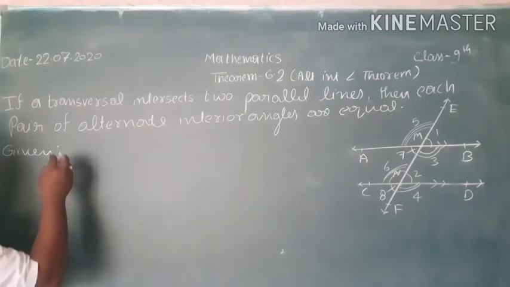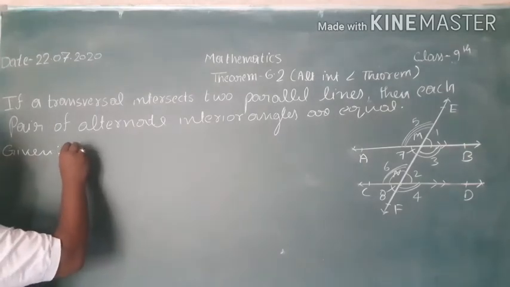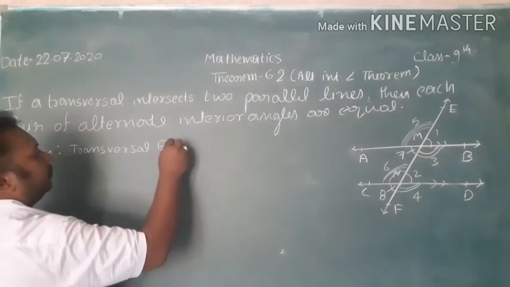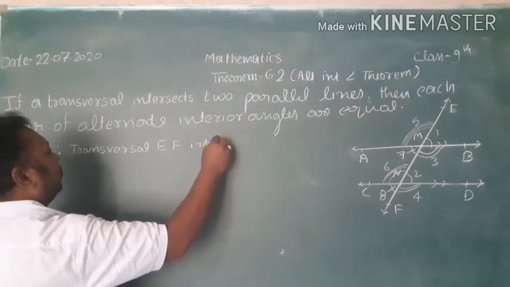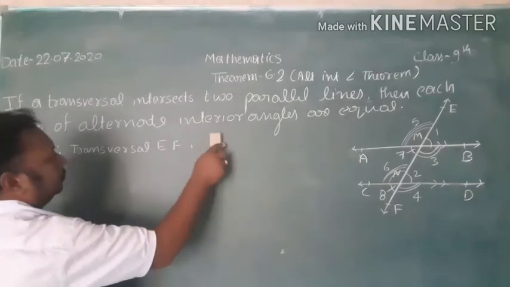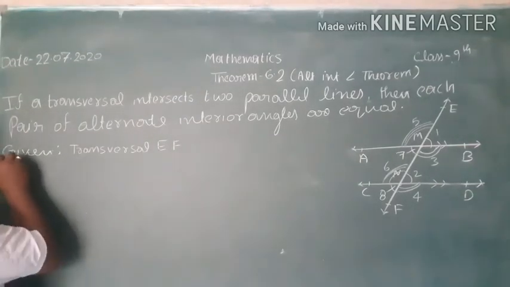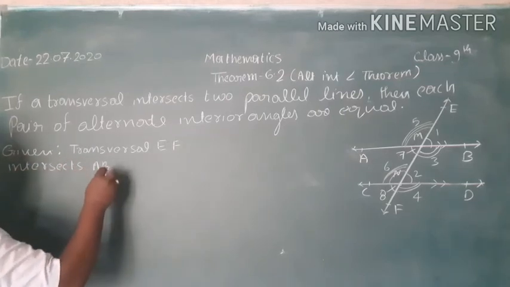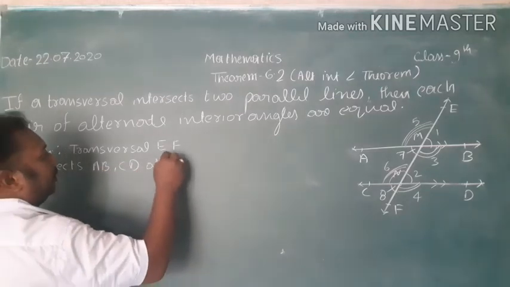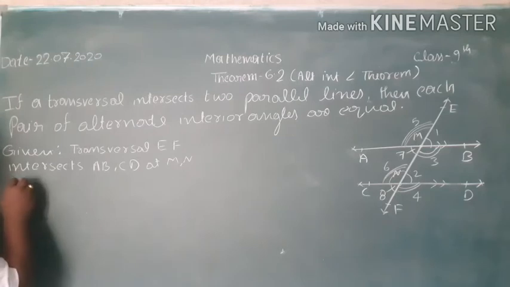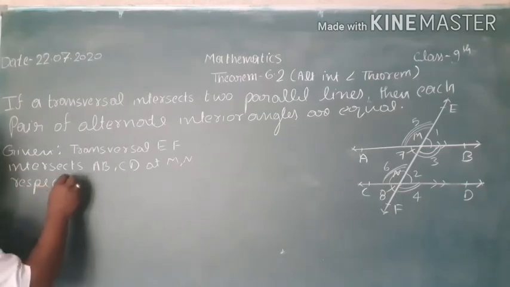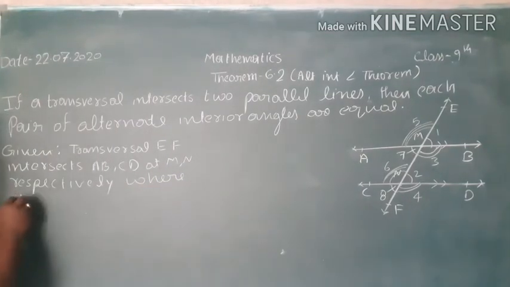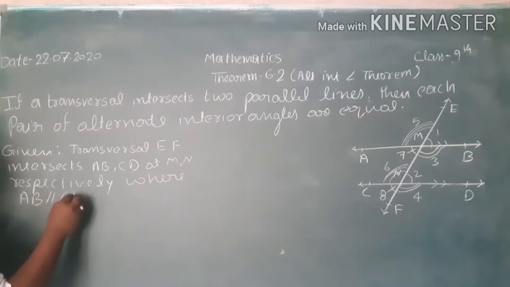So it is given. Write down: transversal EF intersects AB, CD at M, N respectively, where AB is parallel to CD.